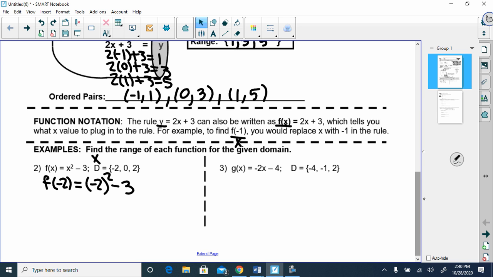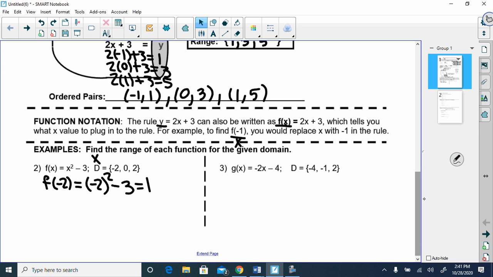So all I did was replace all the x's with a -2. Okay, so what is -2 squared? 4. So when we square something, that means times itself, right? Positive 4, because a negative times a negative is a positive. So I'll have 4 minus 3, which is, if you put that in your calculator to see what it is, you have to put the parentheses around the -2.